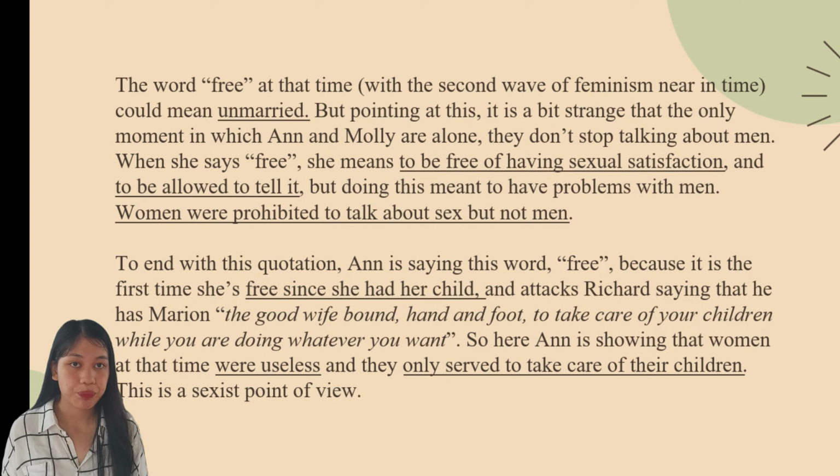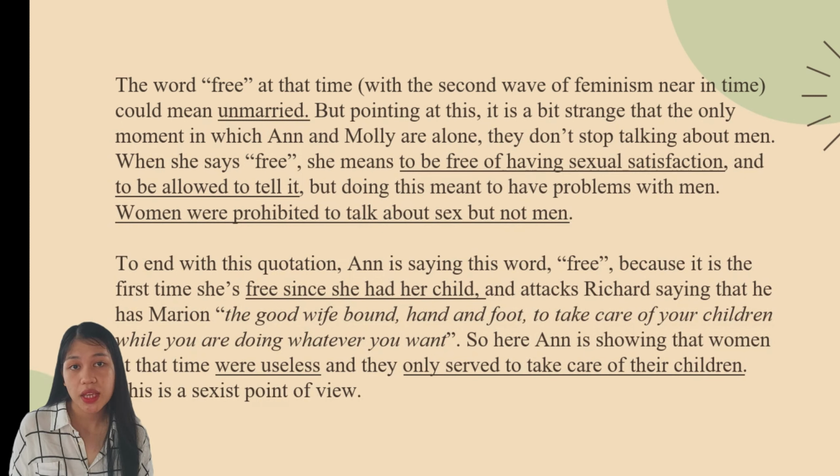When she says free, she means to be free of having sexual satisfaction and to be allowed to tell it, but doing this meant having problems with men. Women were prohibited from talking about sex, but not men.